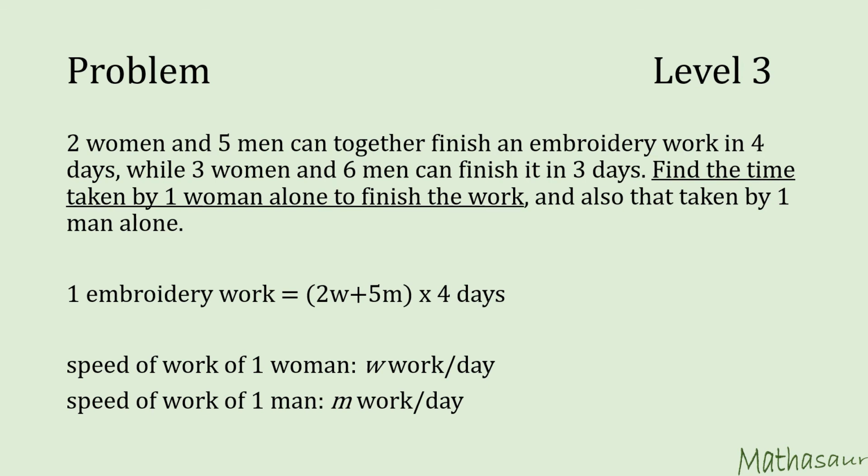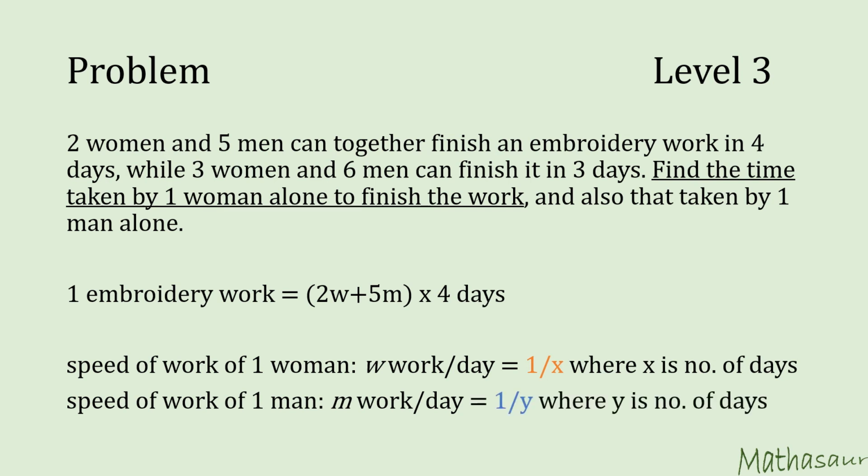But in the question, we have to find the time taken by one woman to finish the work. We don't have to find the speed of work of one woman. Now the speed can also be written as one work divided by number of days. Or let us write it as 1 upon x, where x is the number of days. Similarly, let us write M equal to 1 upon y, where y is the number of days taken by a man to finish one work.